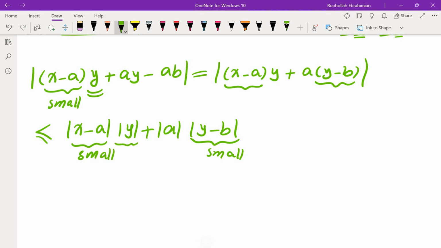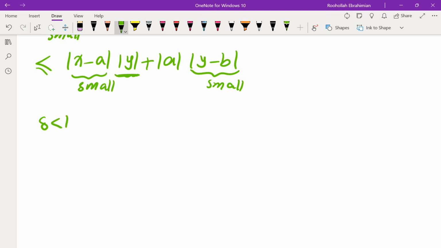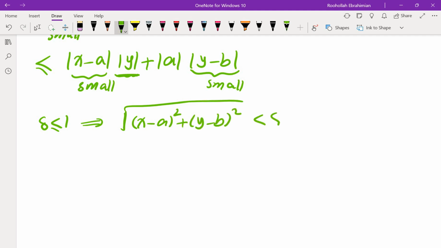So we have to first make sure this doesn't go to infinity. So what do we do for that? We'll just make sure that delta is less than 1. And if that's the case, then we would get the square root of x minus a squared plus y minus b squared, which is less than delta, is going to be less than or equal to 1, which means the absolute value of y minus b is less than 1.